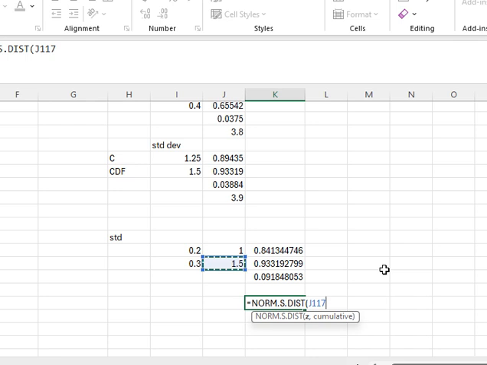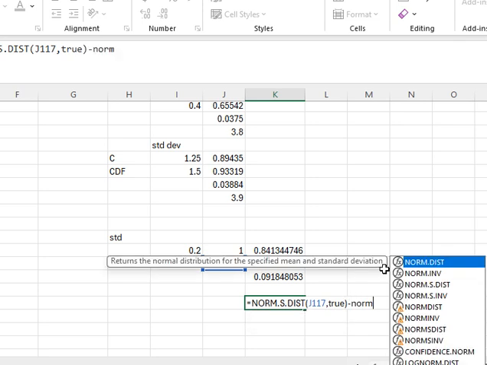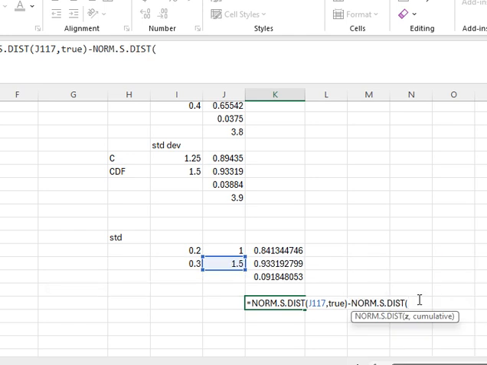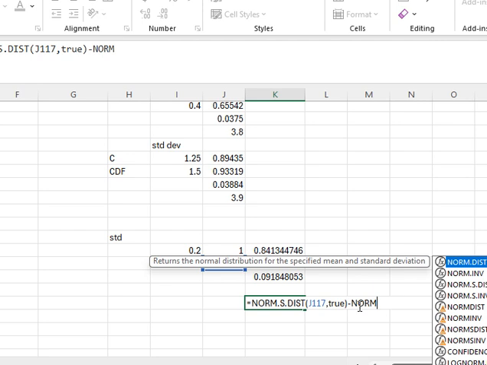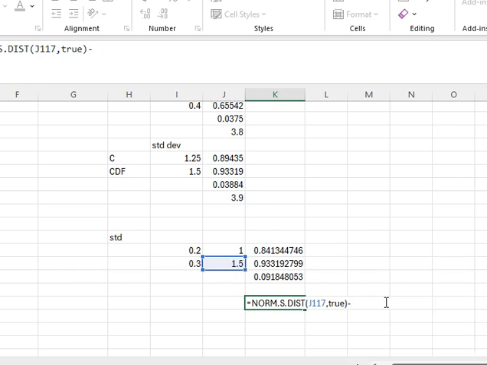You're going to put your 1.5, which is farther away, and then 2, because farther away is going to give you more area.